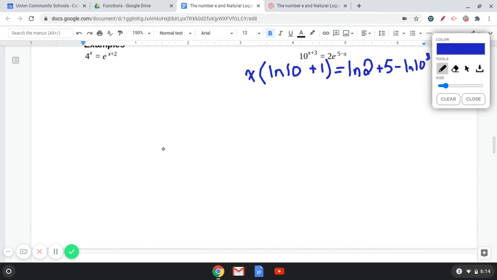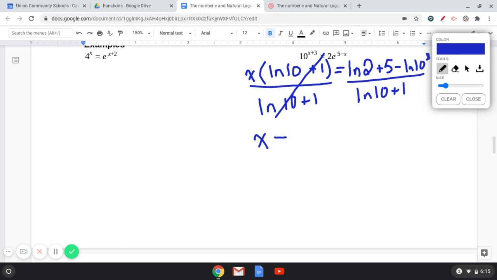Okay, so we had x times natural log of 10 plus 1 equals natural log of 2 plus 5 minus natural log of 10 cubed. So to get x by itself, we divide both sides by natural log of 10 plus 1. All right, so on the left-hand side, we just get x equals, yay, we finally got x by itself.